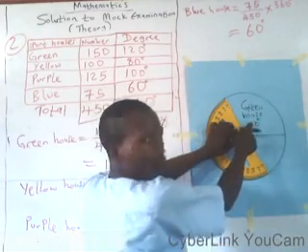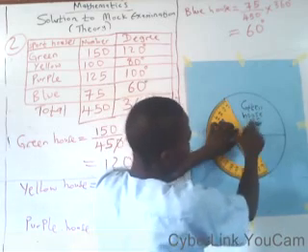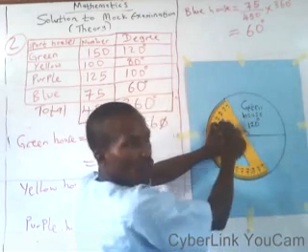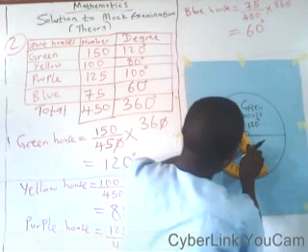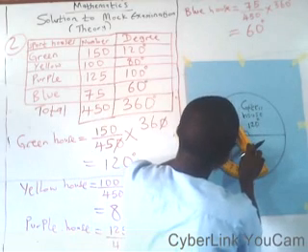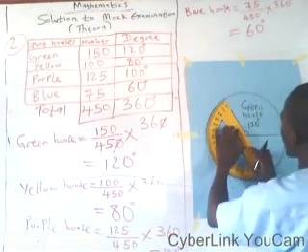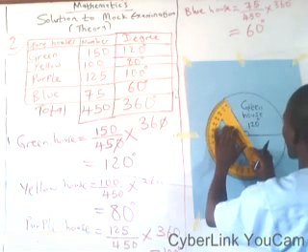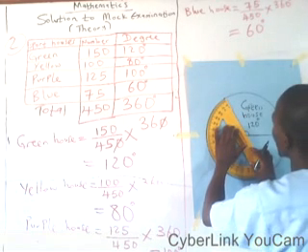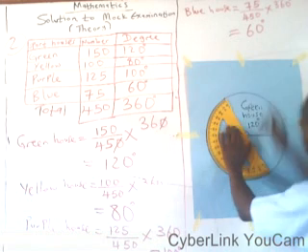The center dotted line of the protractor is at the same point with that of what? The one on your paper. Now position it very well. After you position it very well, you will now do what again? You start your counting from 0.